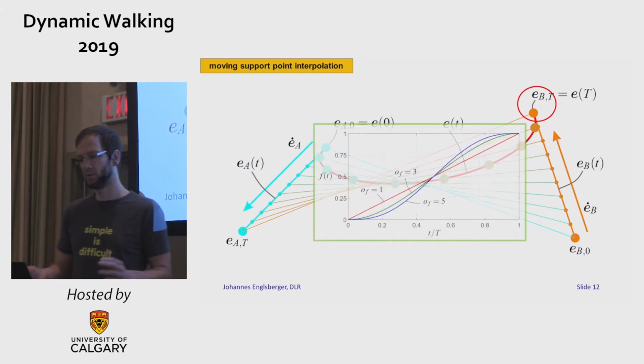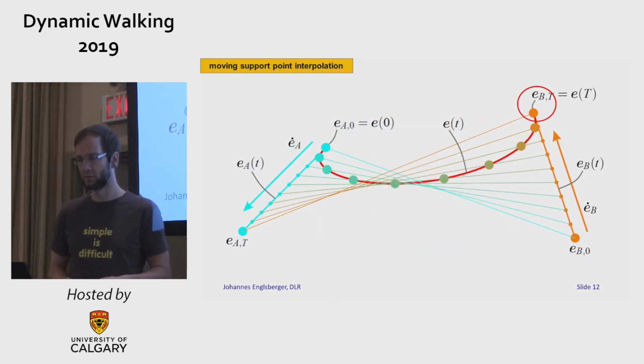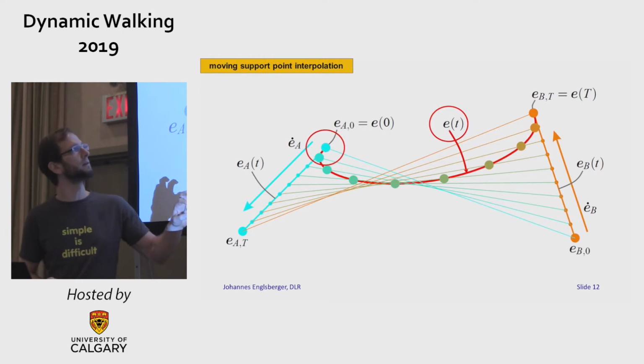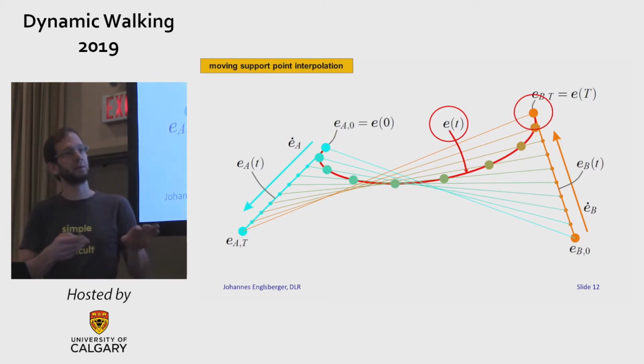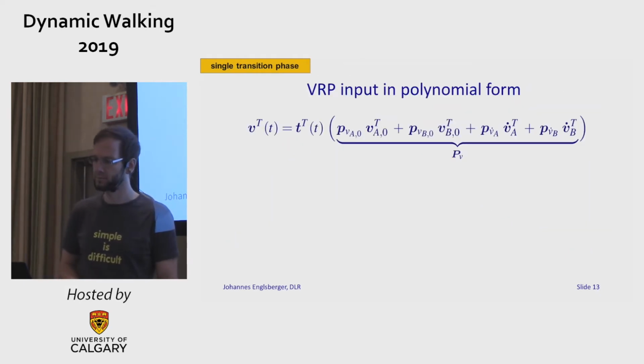And then you do once again this interpolation in between these 2 points, which yields this red curve here. So basically, this red curve starts with the start point of support point A and interpolates over to the end point of support point B. This, once again, is a polynomial, just a little bit higher order.